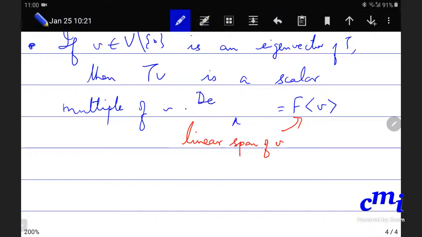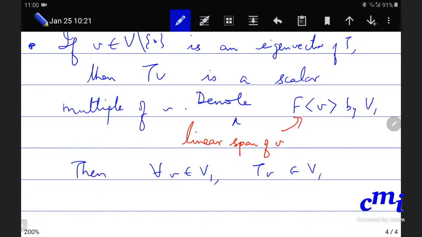The linear span of V by V1. Okay. Then for any V inside V1, TV is inside V1.